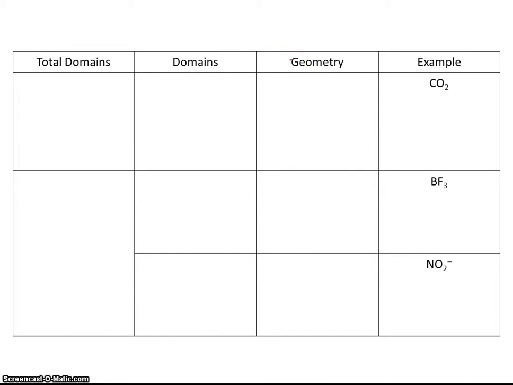Alright, so we'll start this, and I'll probably have to continue it in another lecture, but essentially we have the following possibilities. I can have 2 total domains. That means I have at least 2 atoms attached to my central atom. If I have 2 total domains, then I can have 2 bonding, 0 non-bonding, and my geometry is linear.